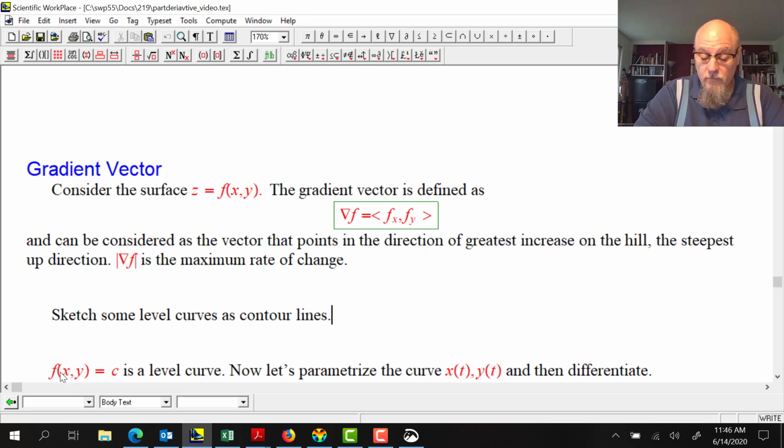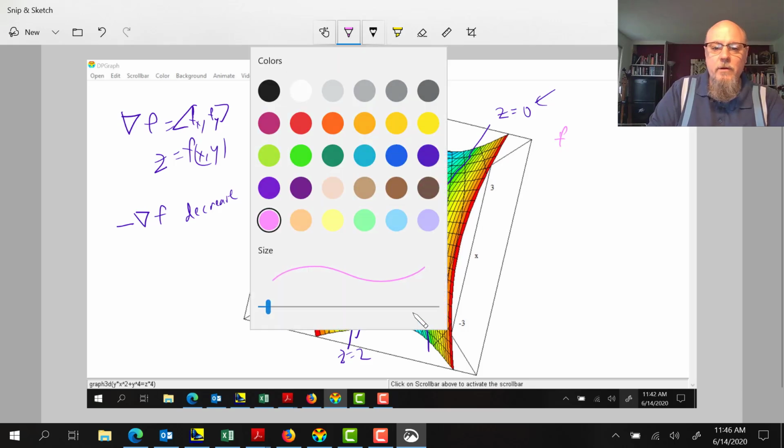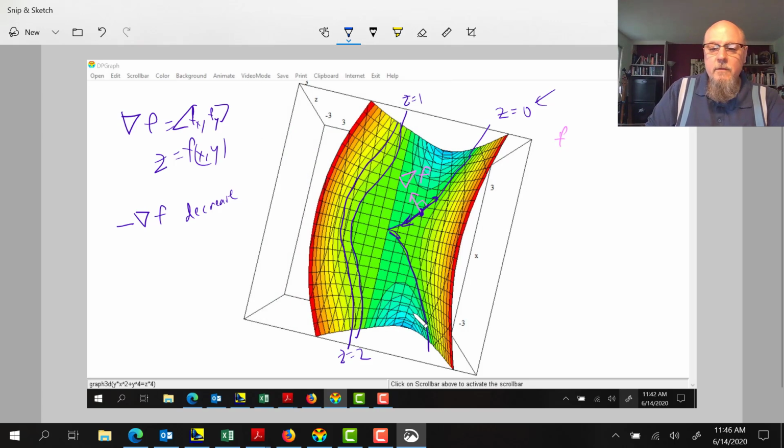So all level curves have the equation f of x, y is equal to c for some constant. The one we drew here is c is equal to 0. That's f of x, y is equal to 0. But this one is f of x, y is equal to 1.